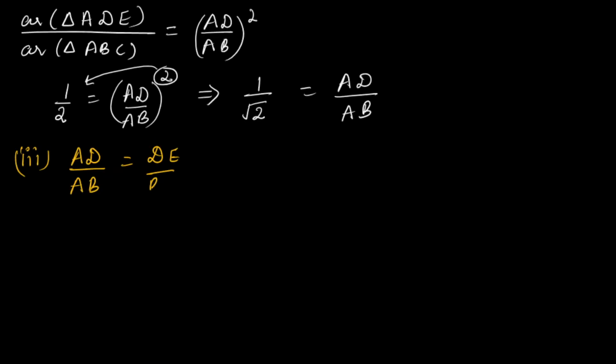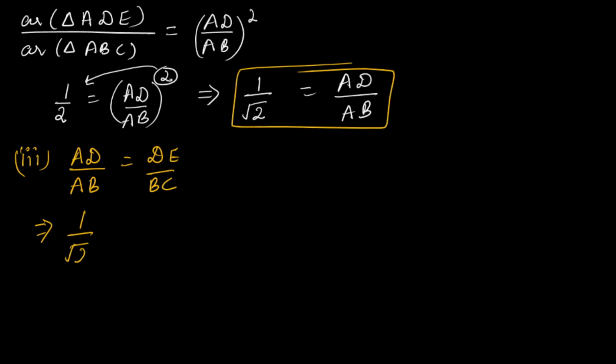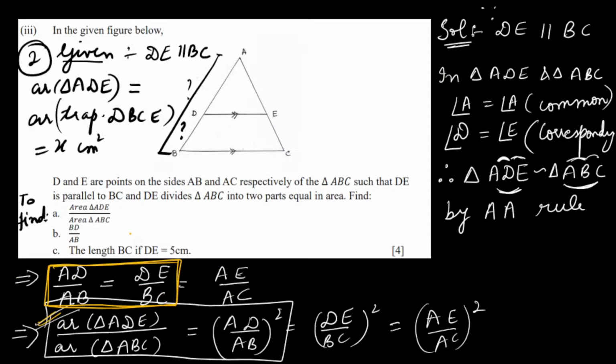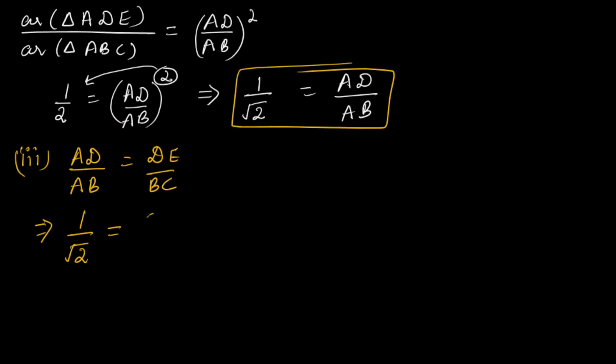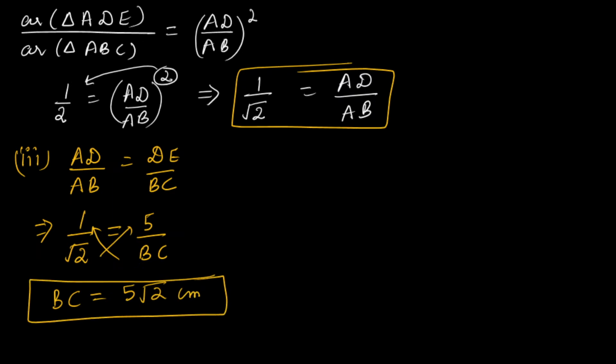Here itself we found AD by AB equals 1 by root 2, and DE is given to us as 5 centimeter, and BC we have to find. We can do cross multiplication. BC into 1 is BC. BC is equal to 5 root 2 centimeter.